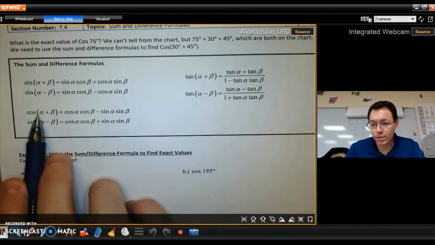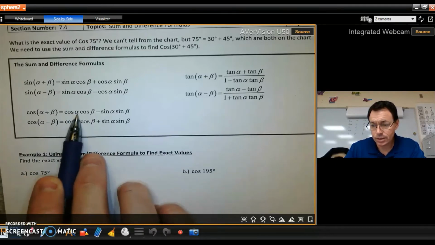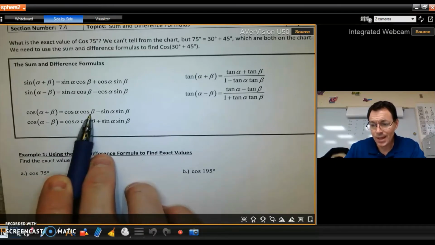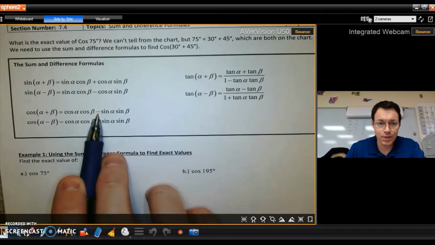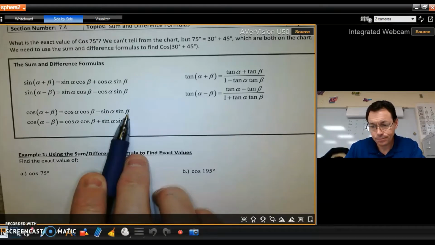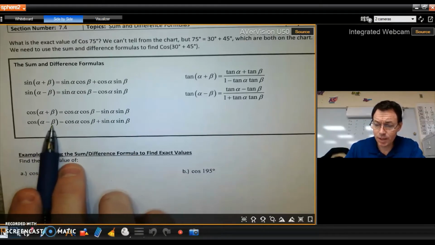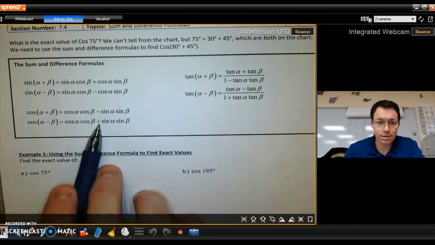The cosine of two angles being added together is the cosine of the first angle times the cosine of the second angle, and then minus the sine of A times the sine of B. Notice that the sum formula has a minus in it. That's something you're going to have to pay attention to. The difference formula looks exactly the same, except it has an addition in it.